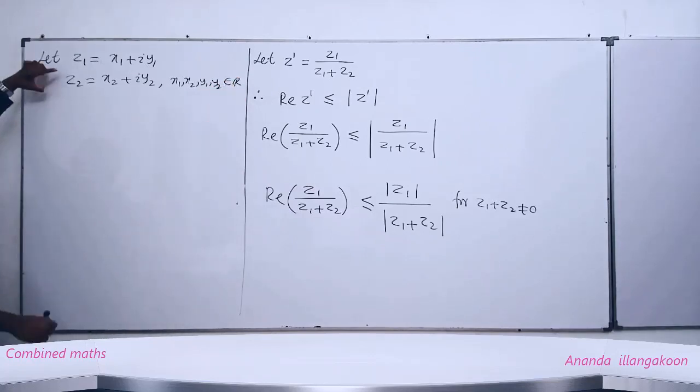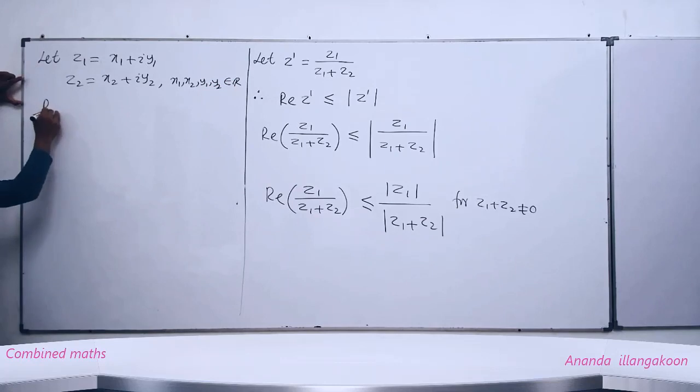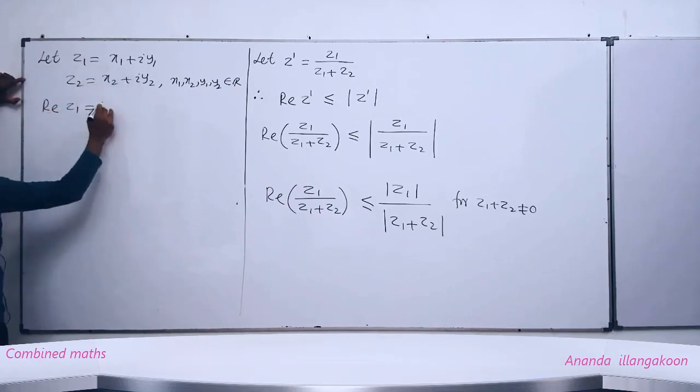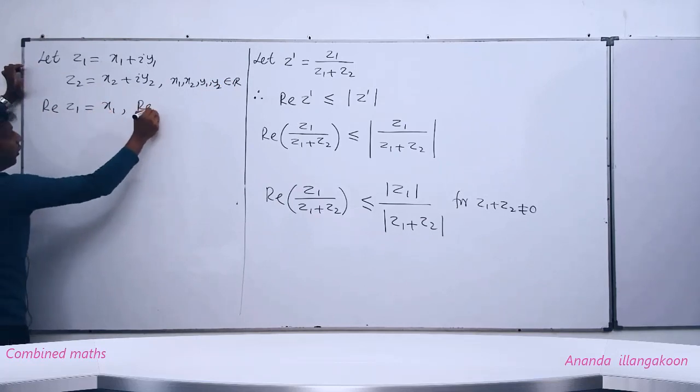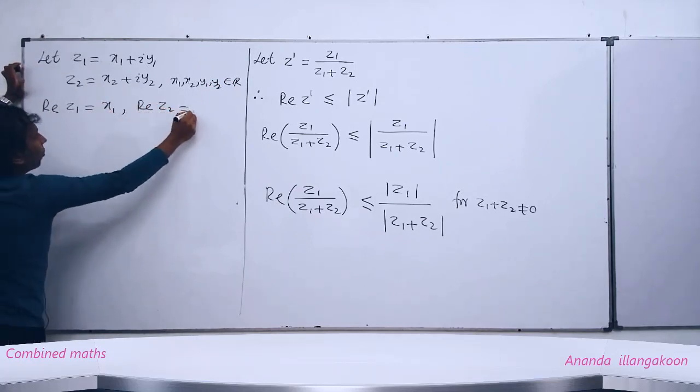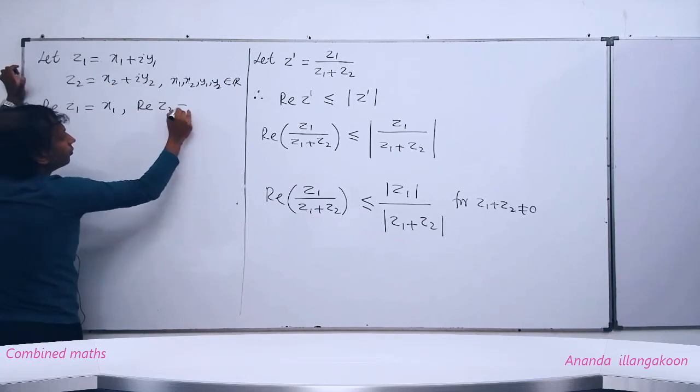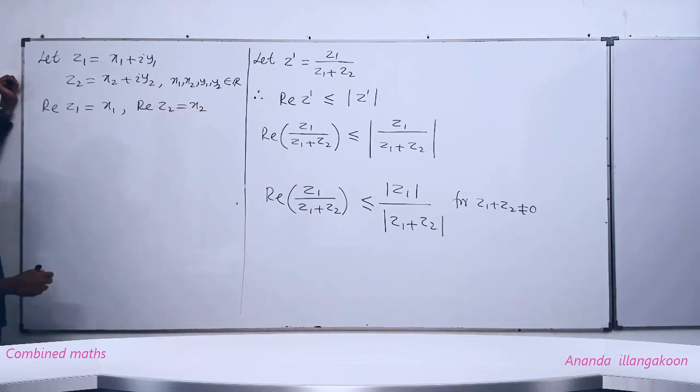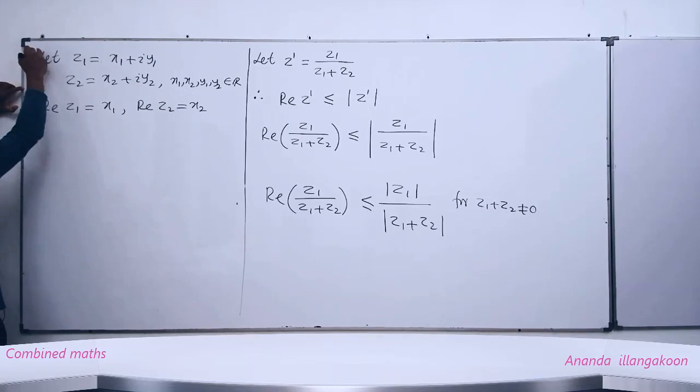You can very clearly understand the real part of Z1. What is that? x1. The real part of Z2, what is that? x2. That's well obvious. Okay. You have to write this down as a note, people. These are very important things.